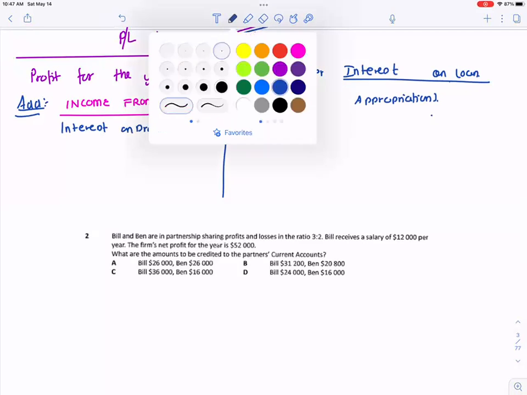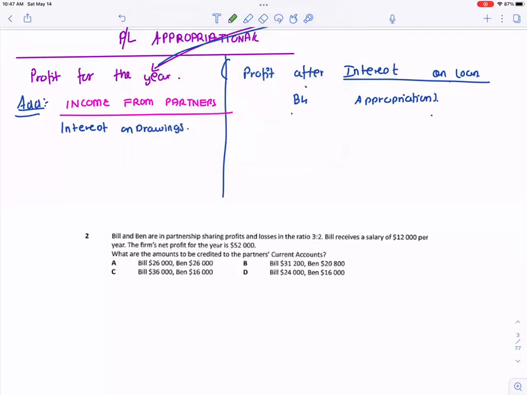What do we subtract? The interest on capital. So it is an expense towards partners. Expense towards partners means the money that we are giving to the partners. So it is interest on capital. What else do we subtract?